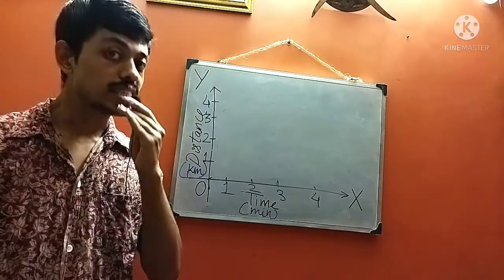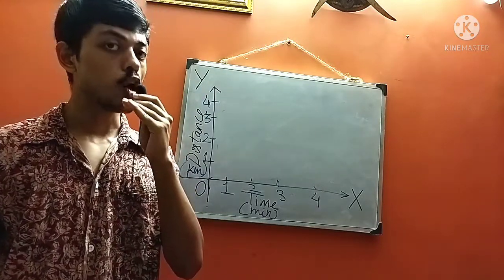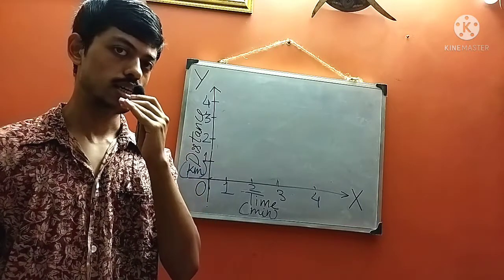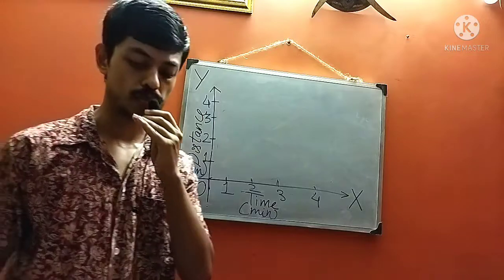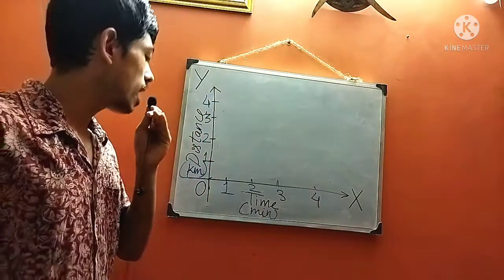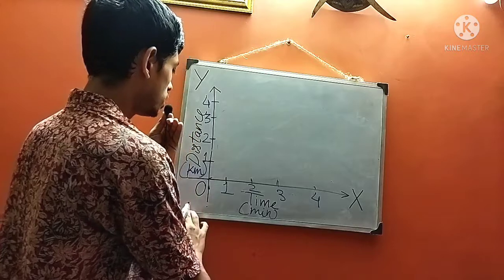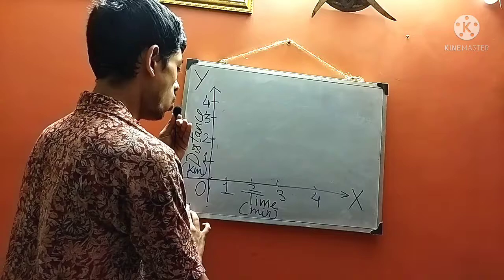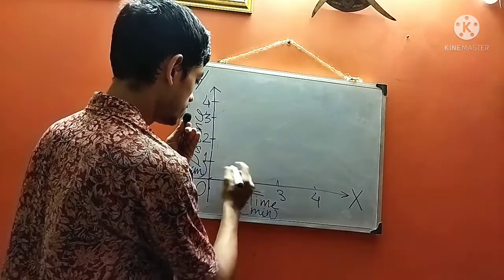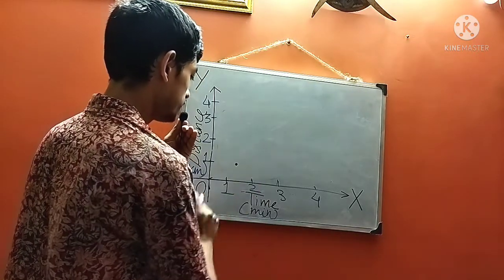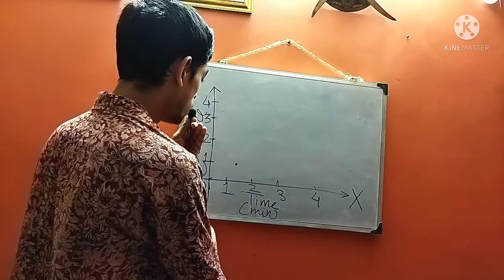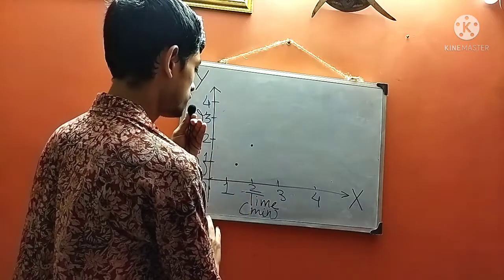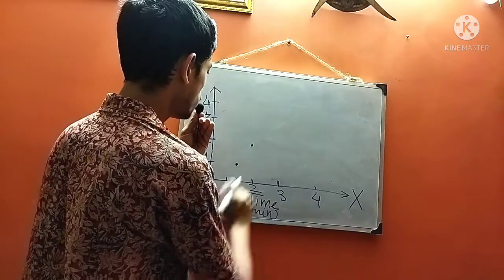Now coming to the second condition, when the object is moving with a non-uniform or changing speed. Let us understand with an example. For example, the object travels 1 kilometer in 1.5 minutes, 2 kilometers in 2 minutes, 3 kilometers in 2.5 minutes.